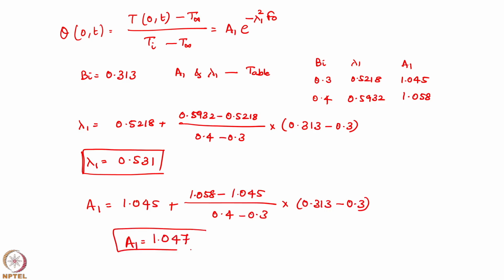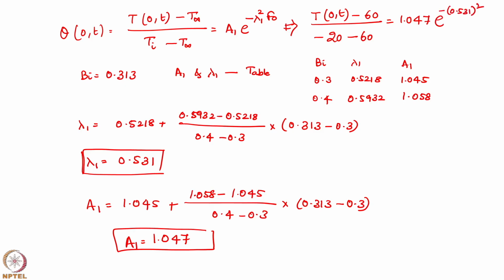Substituting this, T at 0 comma t minus T infinity, that is T minus 60, divided by minus 20 minus 60, equals A1, which is 1.047, times e to the power of minus 0.531 squared into the Fourier number. We have calculated the Fourier number as 5.64 for the 8th minute.